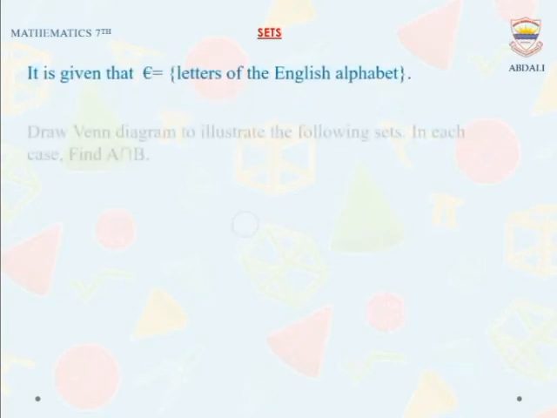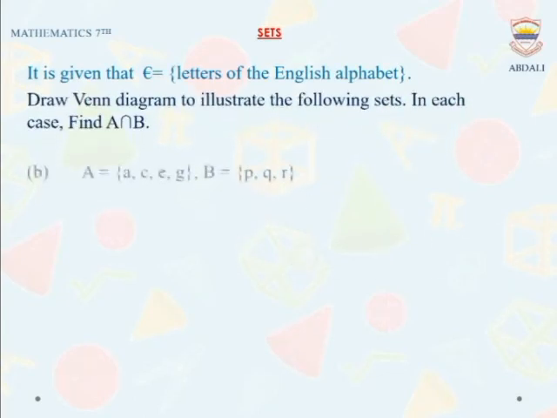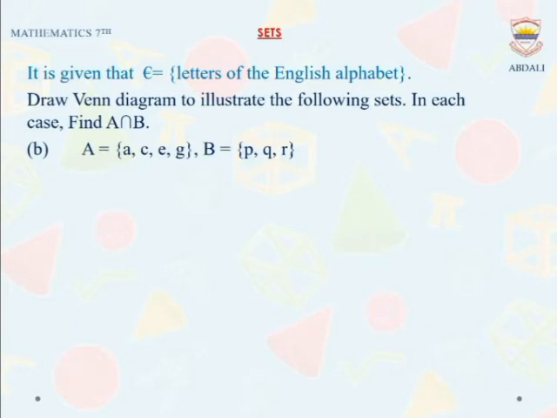So the next part is of the same question. Part B: set A contains A, C, E and G, and set B contains P, Q and R. So let's start our solution. Now we can see that in both sets A and B, none of the values is common.